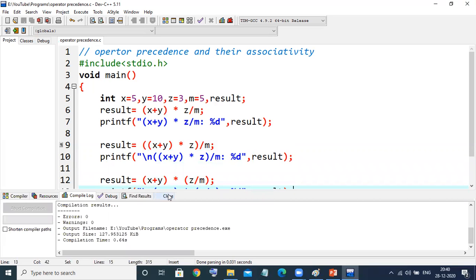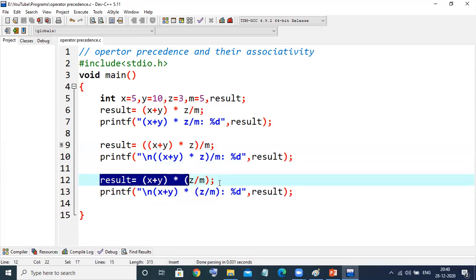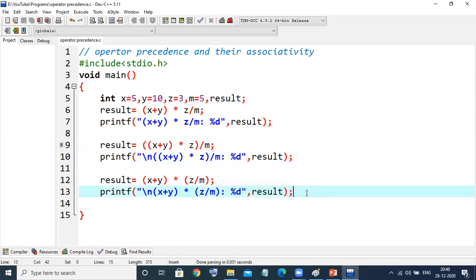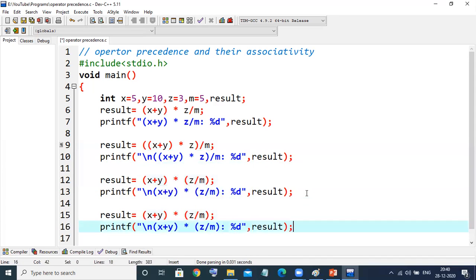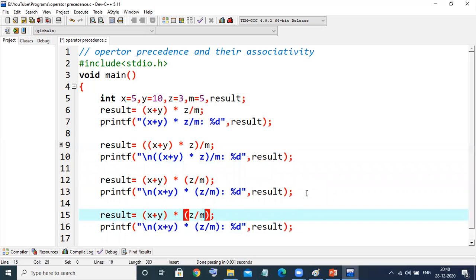Okay, and one last one more we will take as a demo of this expression. Control V, and we'll make some changes: we'll remove this one, remove this one, and x plus y into z, and I will put y and z into the bracket, divided by m.